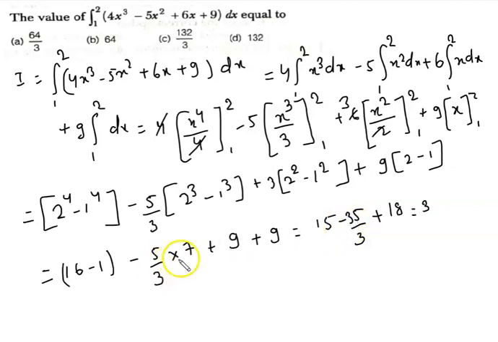After adding 15 and 18 we get 33, minus 35 by 3, because 7 into 5 is 35. After taking the LCM, we write 99 minus 35, divided by 3.